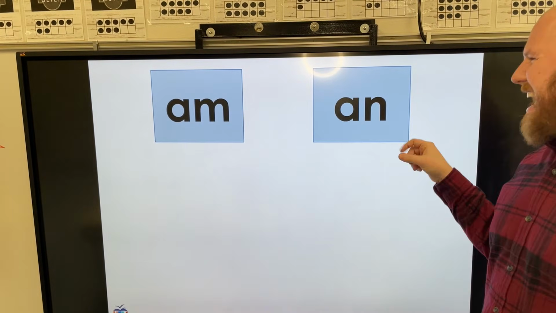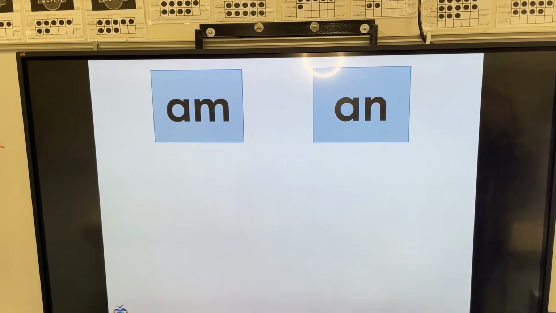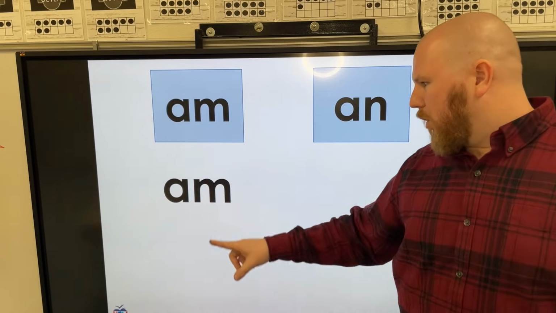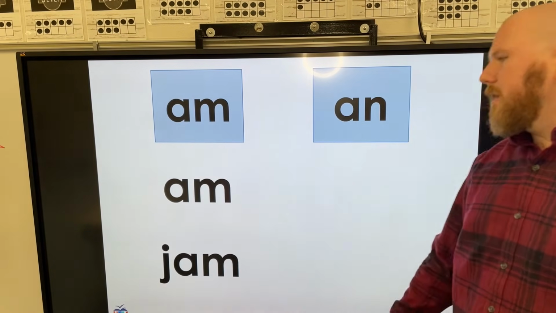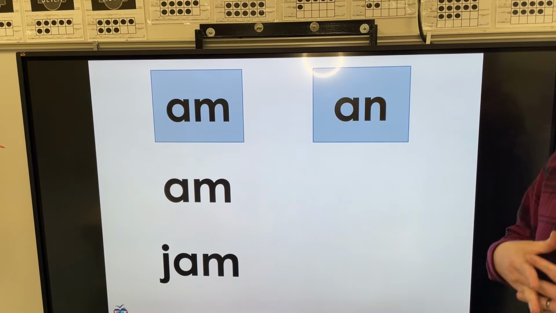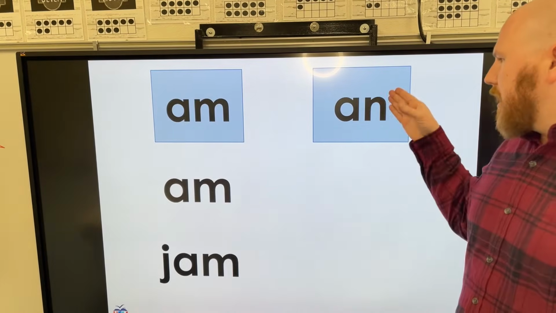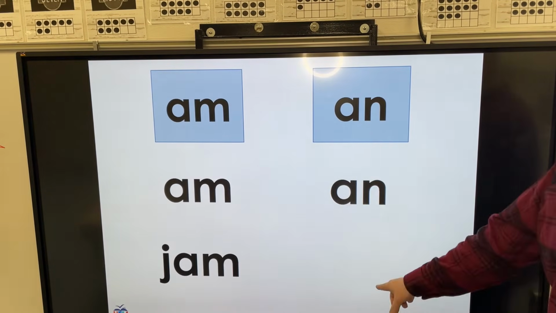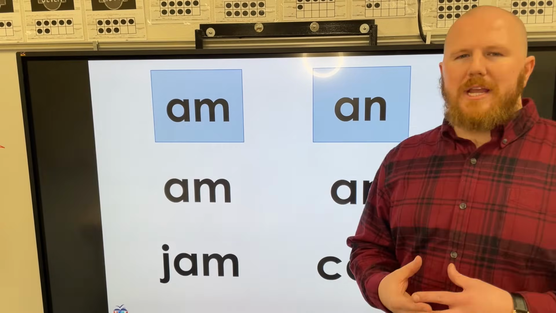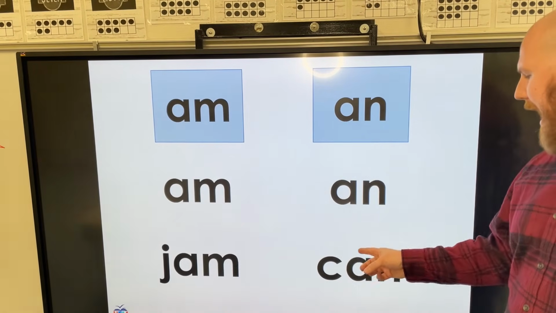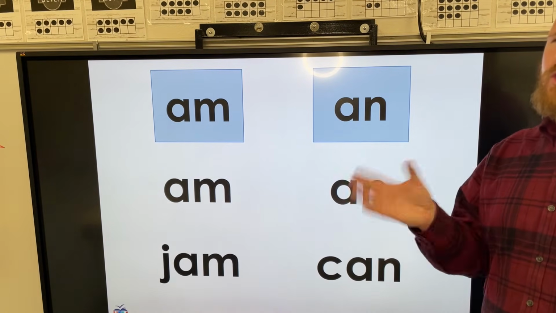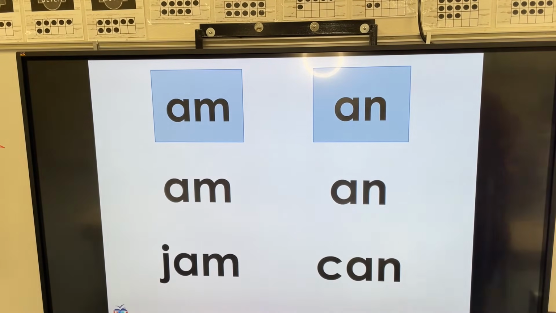Am and an. In some of these words, like am or jam, it doesn't say that perfectly, but it's close. You'll hear it in words like and, for instance, and can. When you read those, if you try to sound it out like k, a, n, can, you notice it sounds weird, so you'll adjust it. But it's good to know those things.